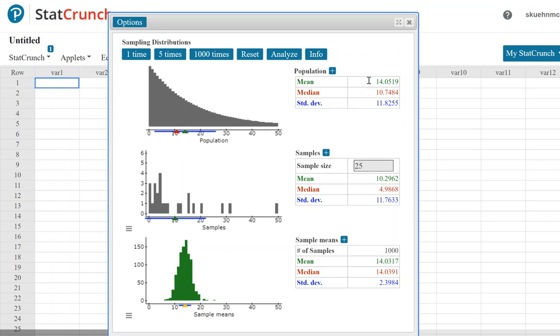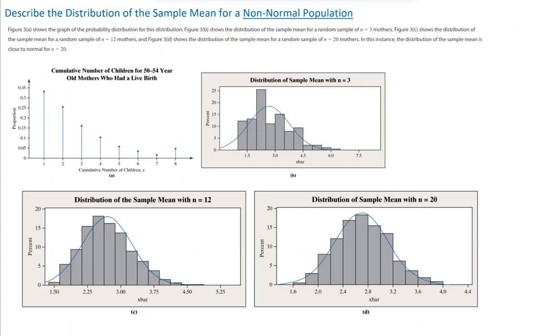And again, you can look at the mean and the standard deviation of our population compared with the mean and the standard deviation of the sample means, and they are following the same rules that we saw previously. So what does that mean for us?